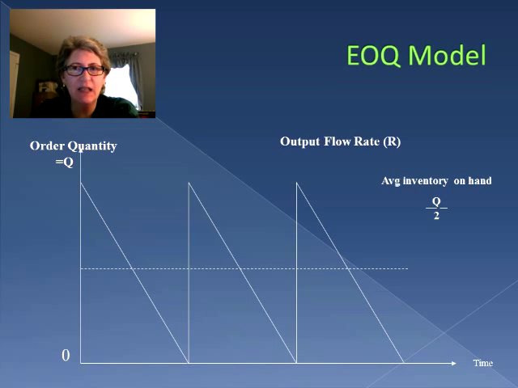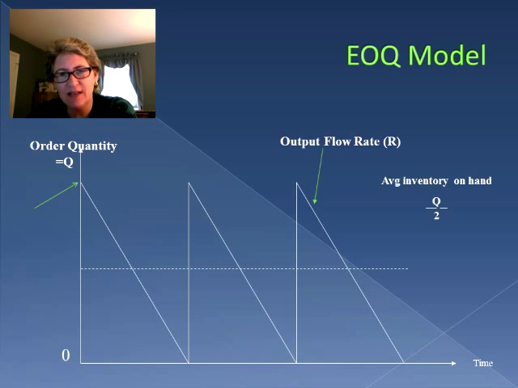So when we look at the EOQ model, you notice that it's a sawtooth. If you take a look right up here, we have the order quantity, Q. When we place an order, this is the amount that we're ordering, and over time, because our demand rate is constant, it has a slope down.